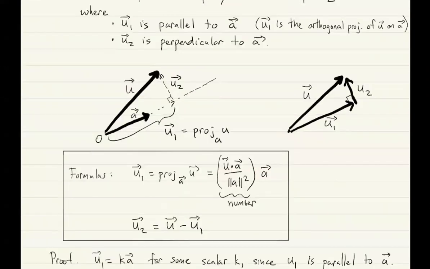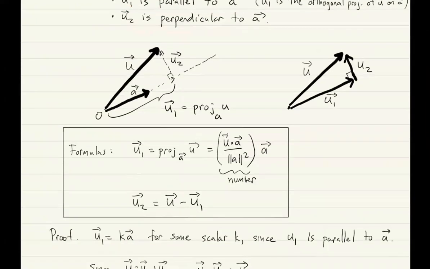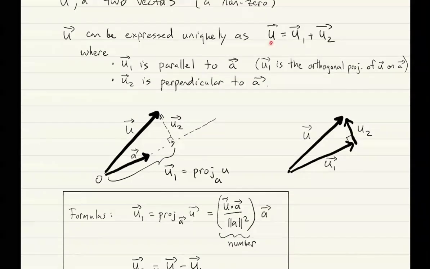So this formula certainly has the property that u1 is parallel to a. And then u2 simply is u minus u1. Since we want u to equal u1 plus u2, then we must have u2 is equal to u minus u1.